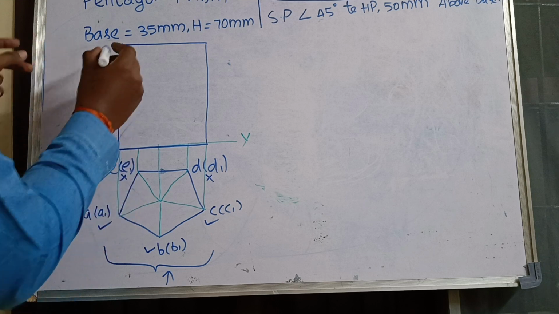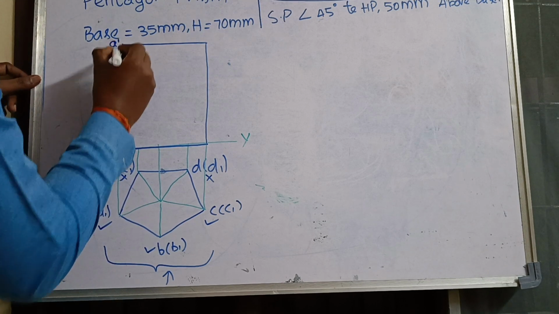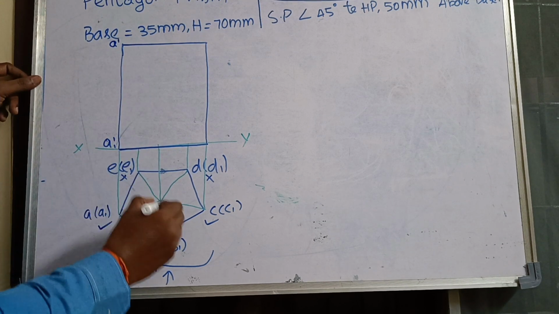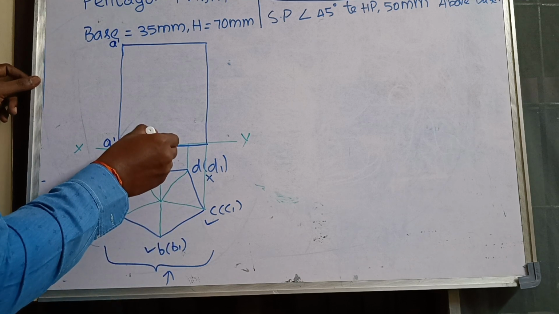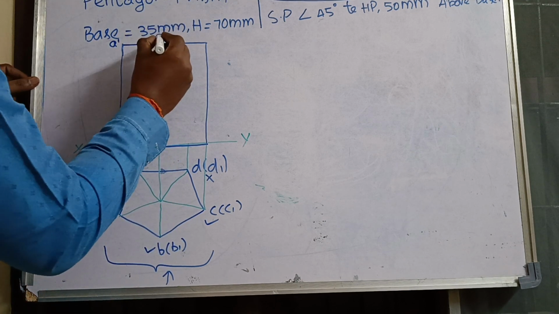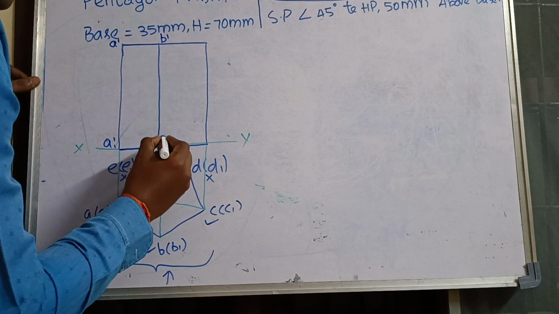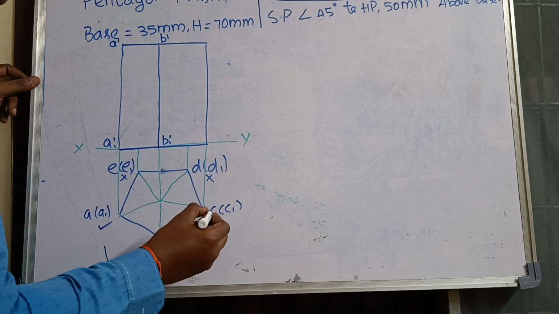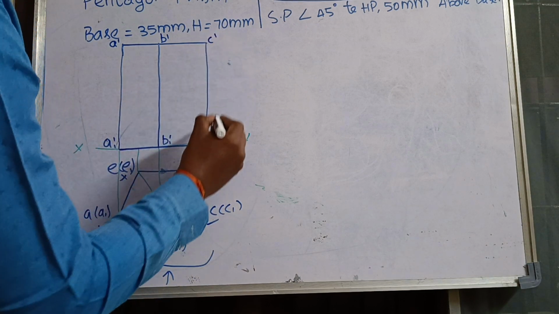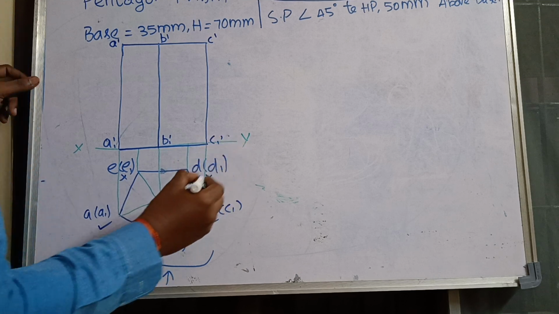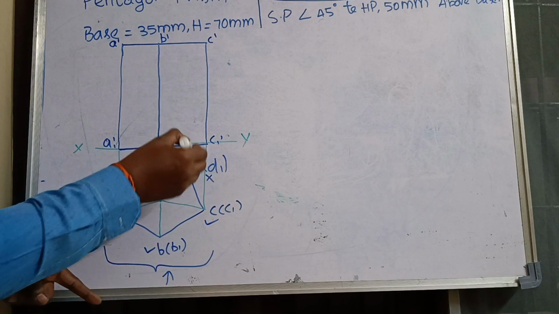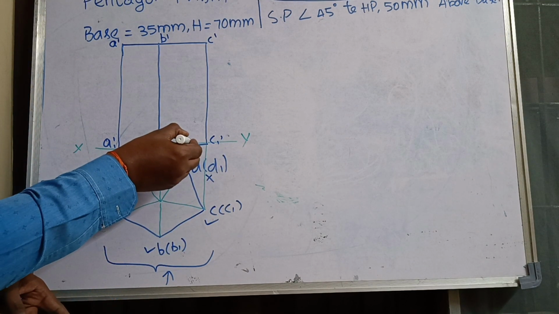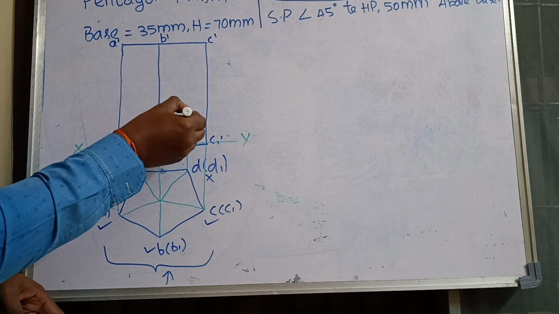So A1 longer edge is already drawn: A dash, A1 dash, then B dash, B1 dash, this C dash, C1 dash. Now the DD1 longer edge and E1 longer edge are invisible.